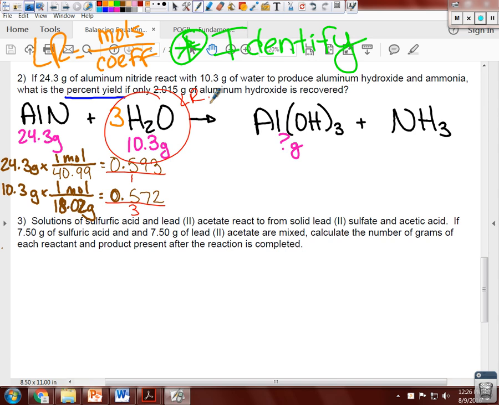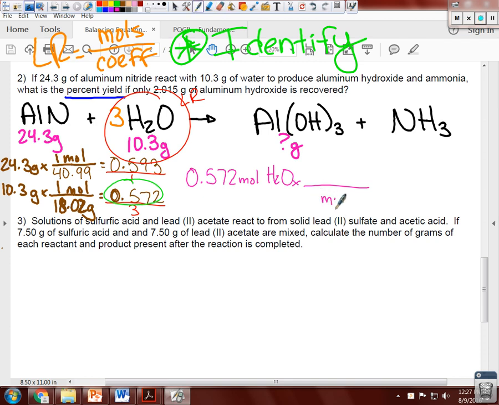All right, so here's what I'm going to do. Do you agree that I found the moles so I can use that value? Are we cool with that? Okay. So now we're going to take the limiting reactant. We're going to say that we had 0.572 moles of H2O. And what are we going to do with it?